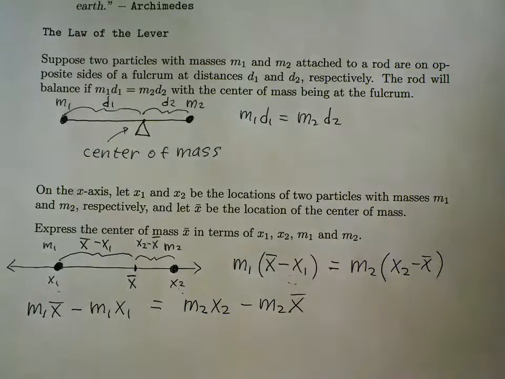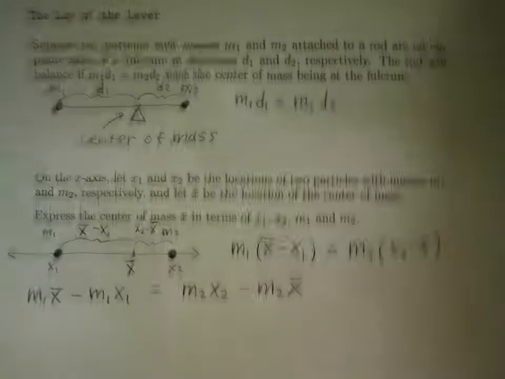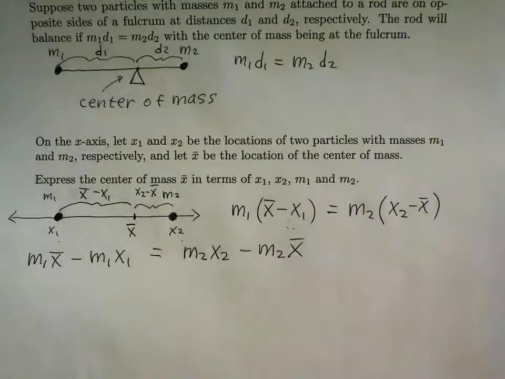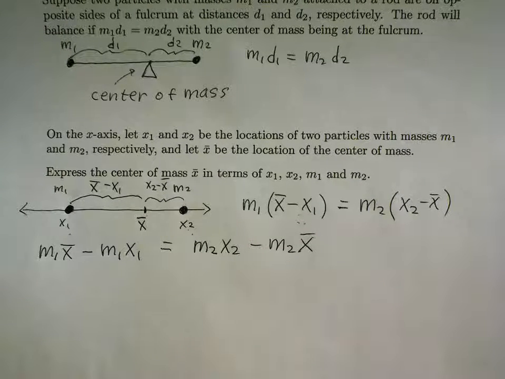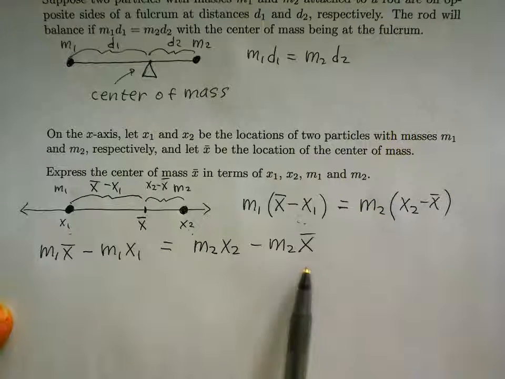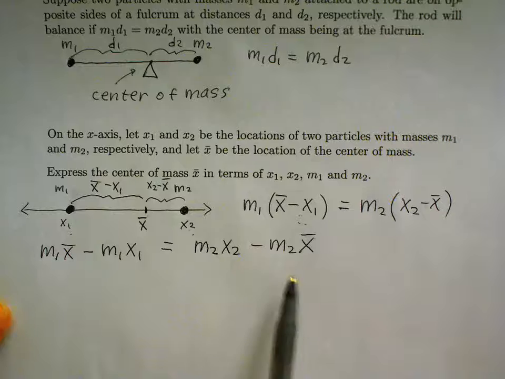We want to solve for x bar, so every term that has x bar in it, we want on one side of the equation, and every term that doesn't have x bar on the opposite side. So we can get that in the next step. We'll do two things at once.